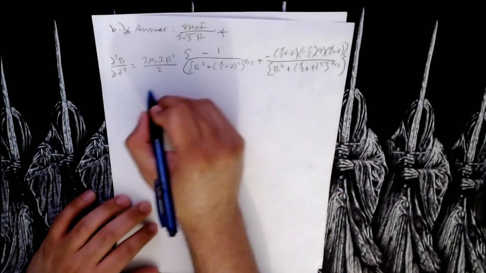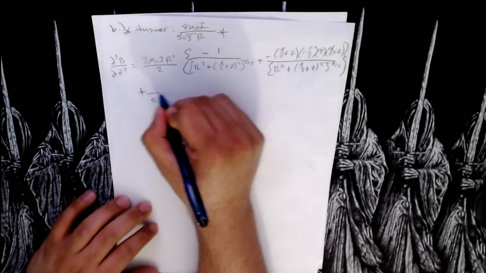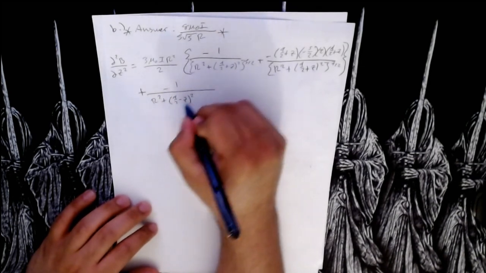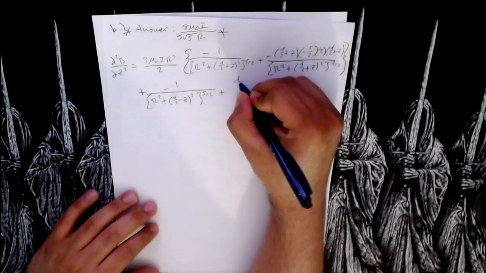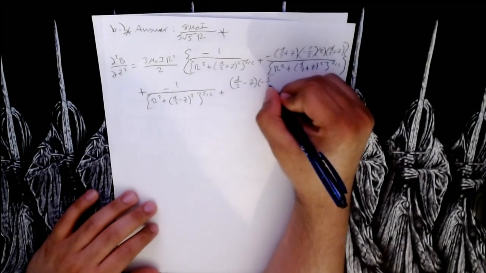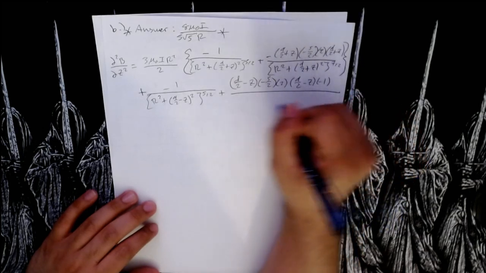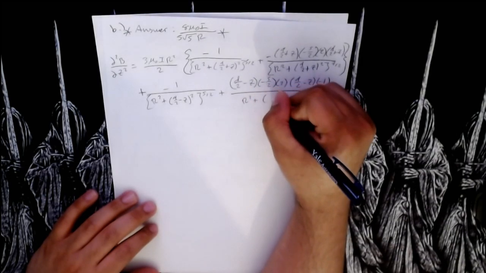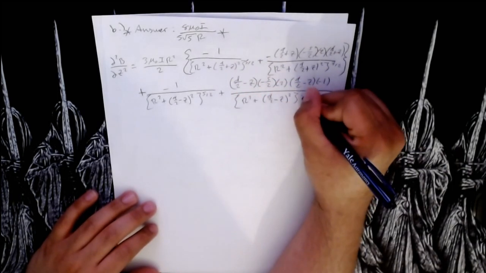Alright, plus negative 1 over (r squared plus (d/2 minus z) squared) to the 5/2, plus negative 5/2 times 2 times (d/2 minus z) times negative 1, and all of that over (r squared plus (d/2 minus z) squared) to the 7/2 power.